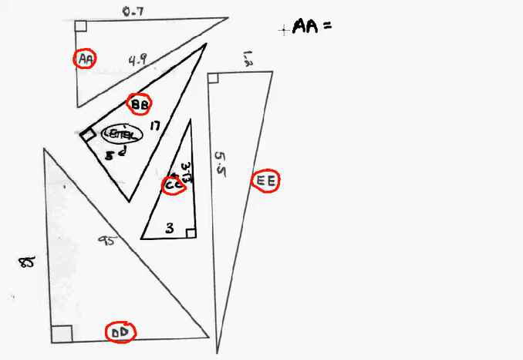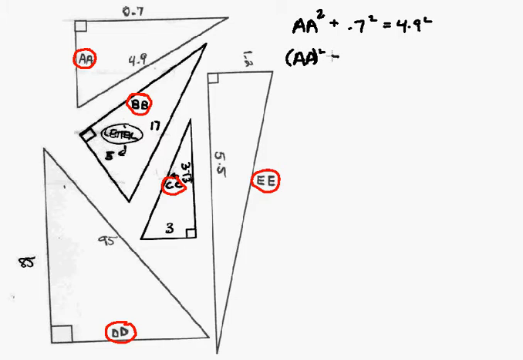Of course, you're always safe doing that because if you use the Pythagorean theorem, you're always going to get the right answer. So we're going to go that route. We're going to say that this side squared, so we have AA squared, plus 0.7 squared is equal to 4.9 squared. AA is just a variable name.